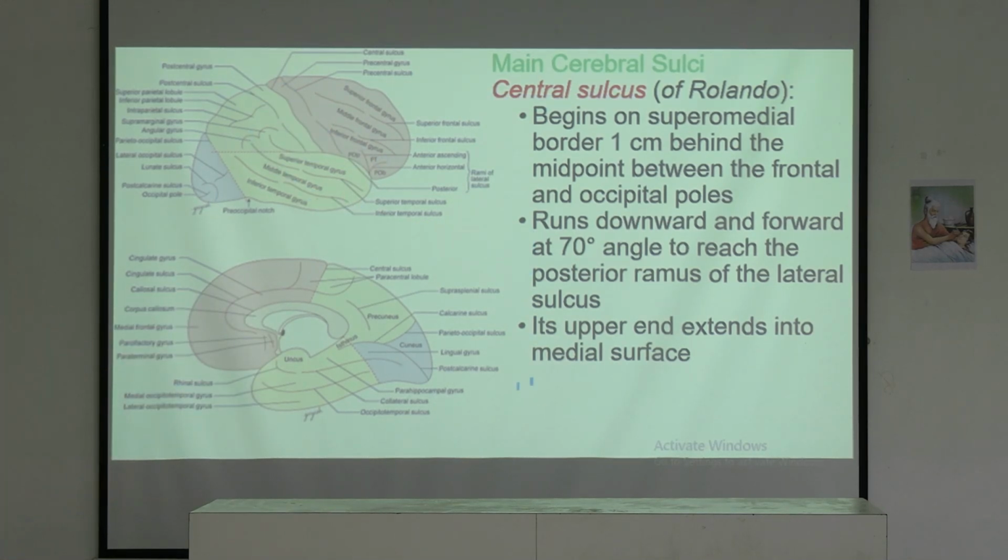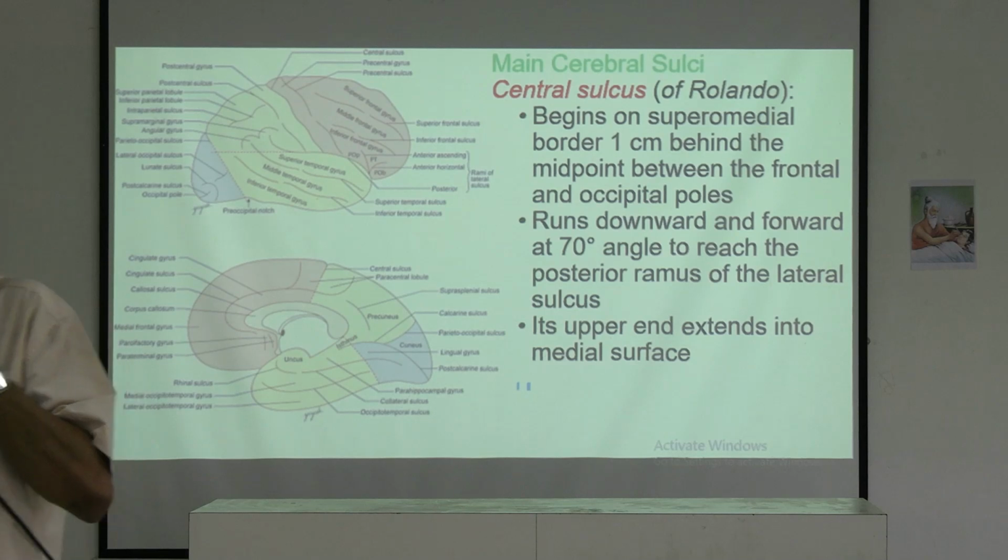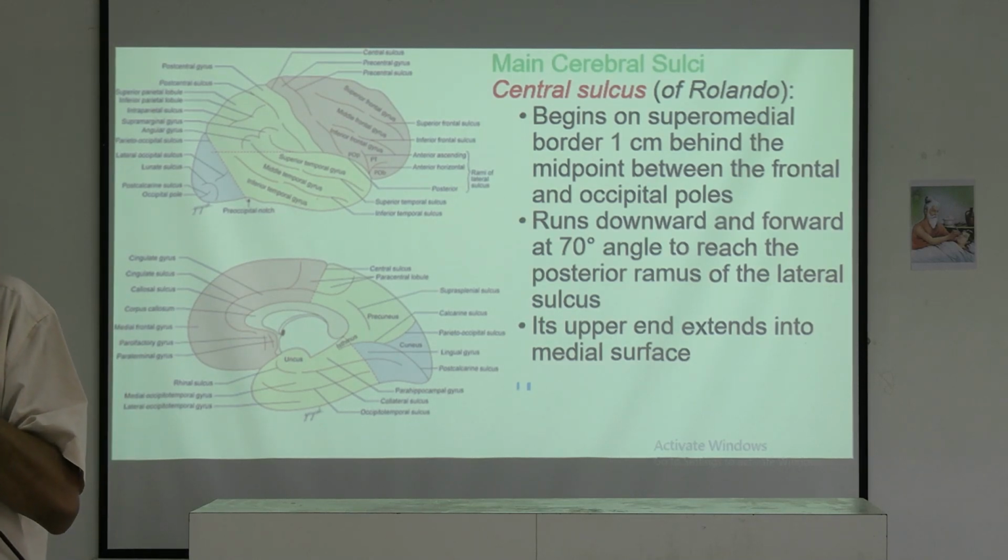Okay. So, again I am coming to this area. This is the pre-central gyrus and this is the post-central gyrus. In the pre-central gyrus we get the motor area.